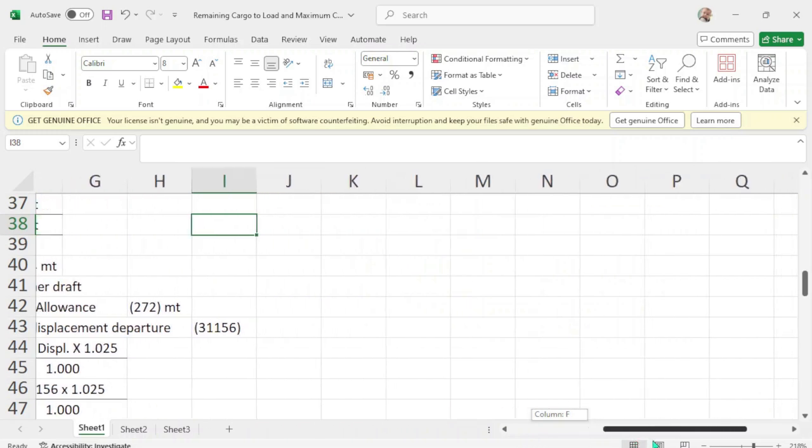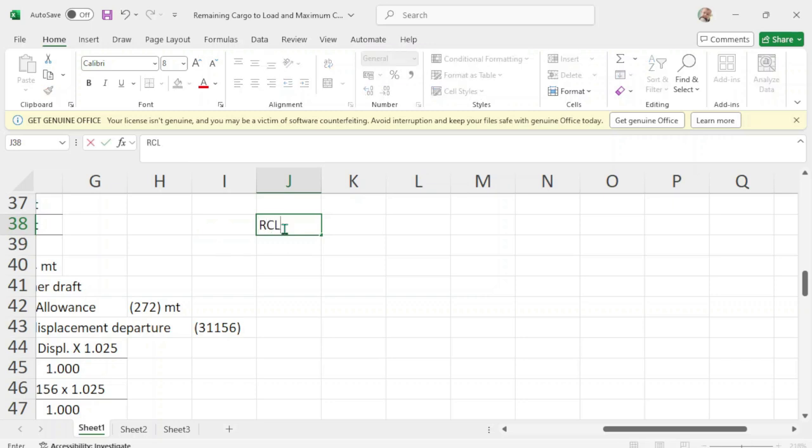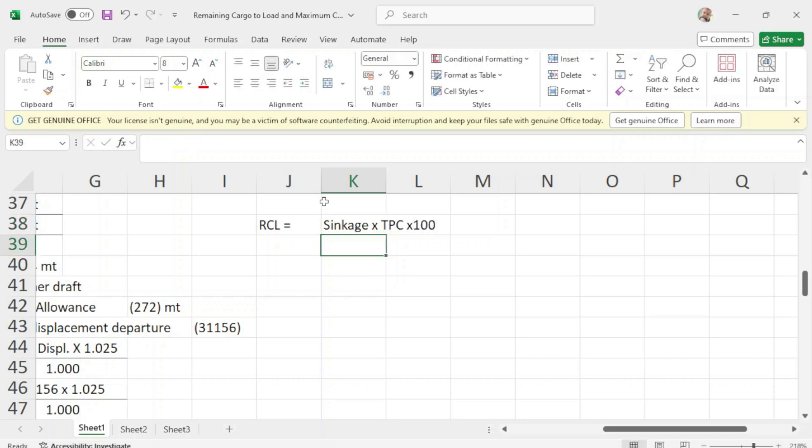Remaining cargo to load is sinkage times TPC times 100. That is how you get the remaining cargo to load. Okay?